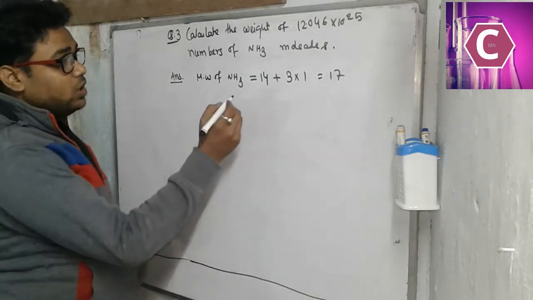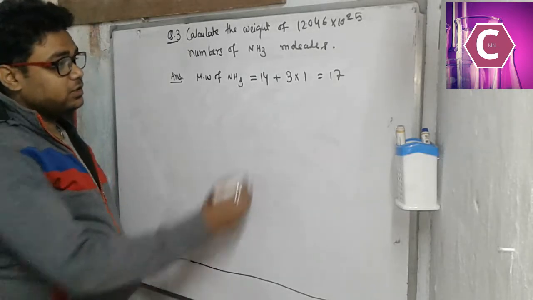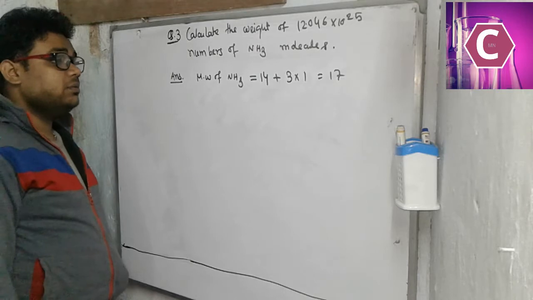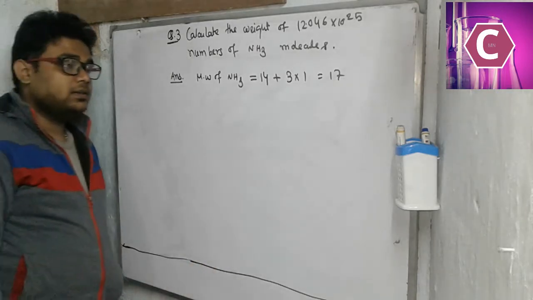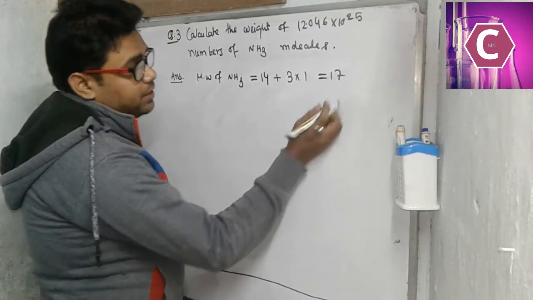So the molecular weight of ammonia equals the atomic weight of nitrogen, 14, plus 3 multiplied by the atomic weight of hydrogen, 1, and that becomes 17.